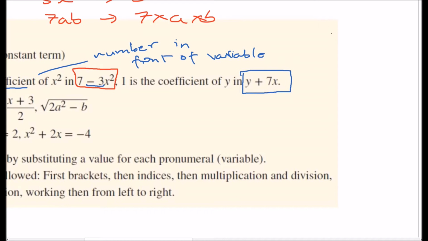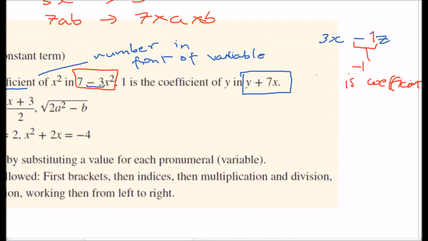Another quick example, you might see something like 3x minus z. The coefficient of z is that magic 1 in front, but because there's a negative, the coefficient is -1. Keep that in mind, please.